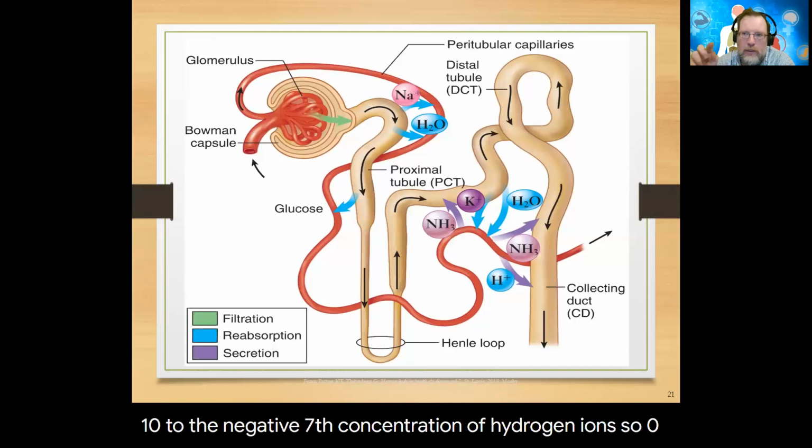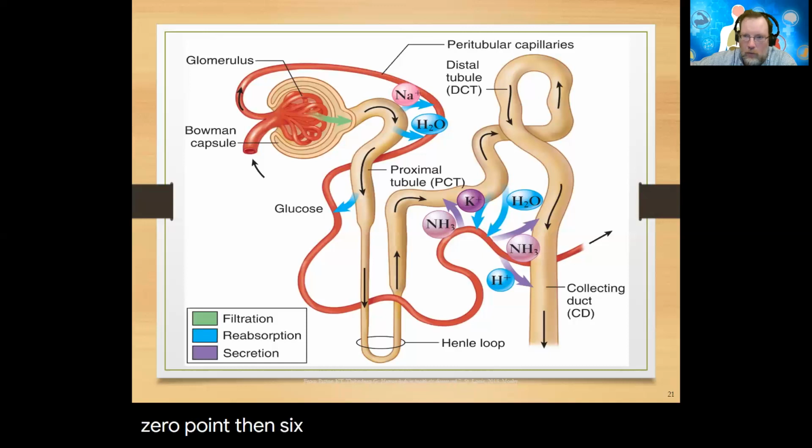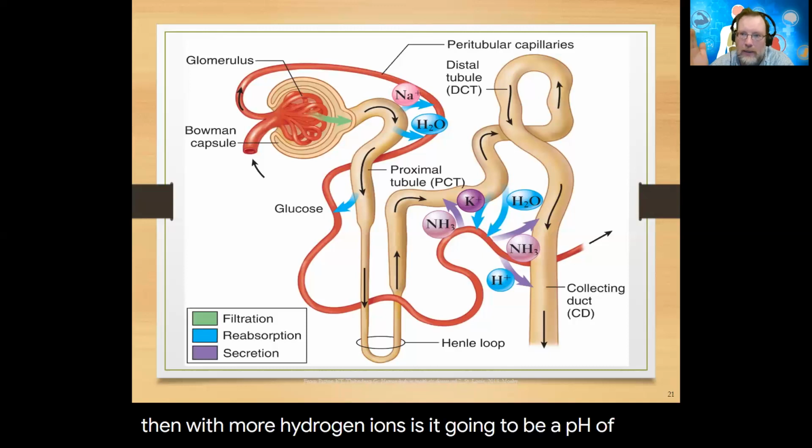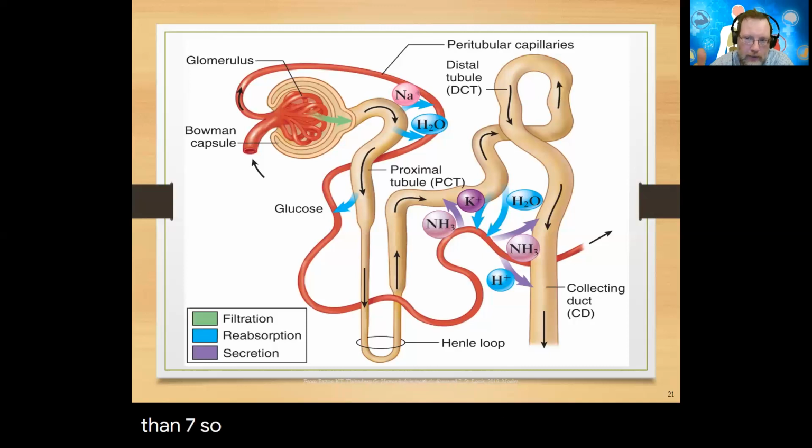So 0, then 6 zeros and a 1, so 7 decimal places. Anything with more hydrogen ions is going to be a pH of less than 7, so a pH of 6, 5, 4, 3, 2, and 1. That just means there's more hydrogen, so we'd have to get rid of it. We pee it out.